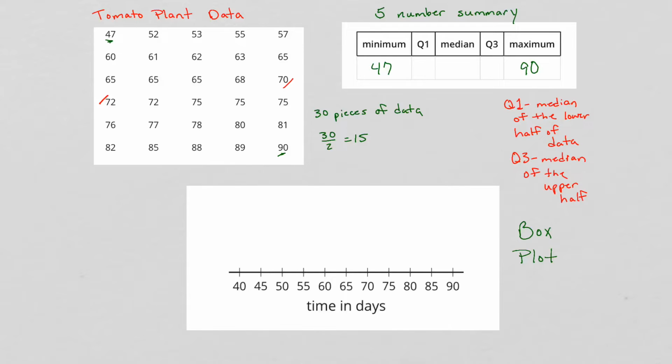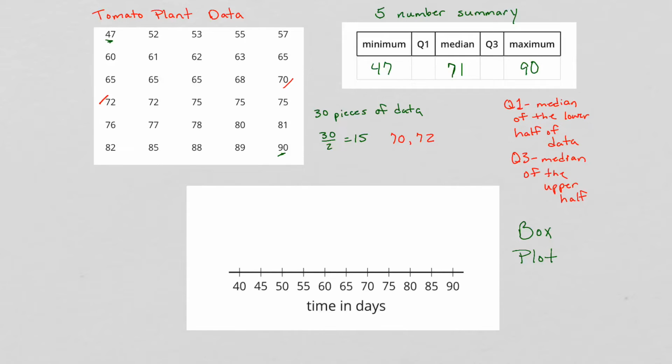So in order to find what our median is, we have to decide what's between the numbers 70 and 72. Well, it's 71, obviously, but if you really can't figure that out, you can add them together and divide by 2, find the average of these two. But it's what comes between 70 and 72.